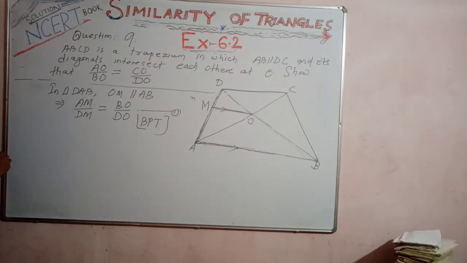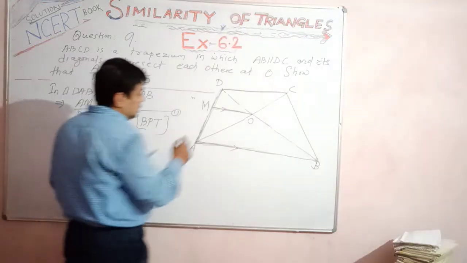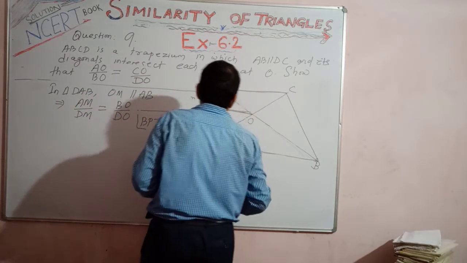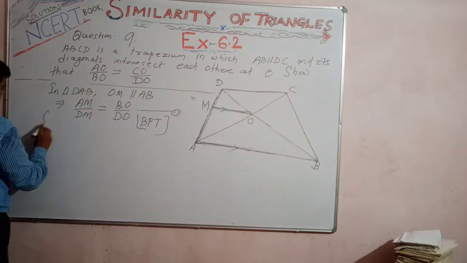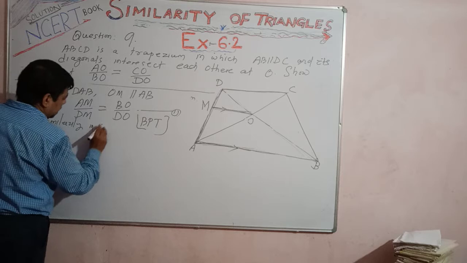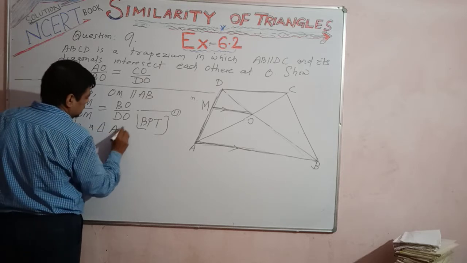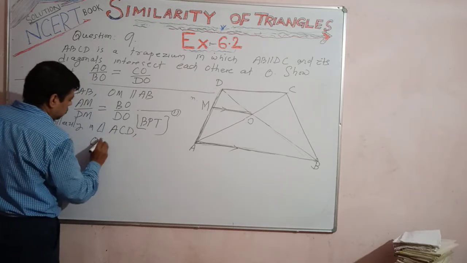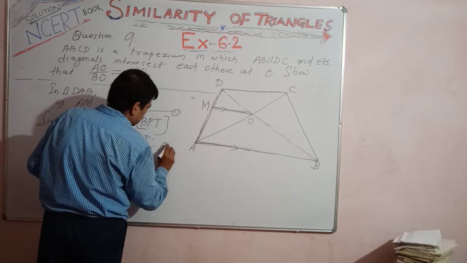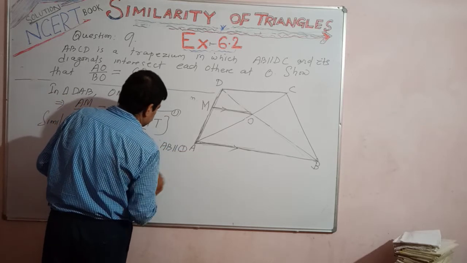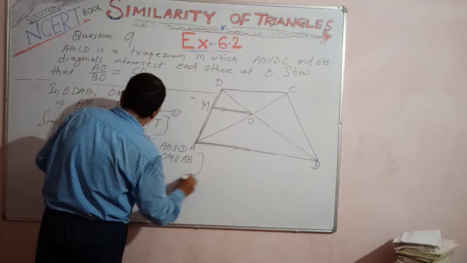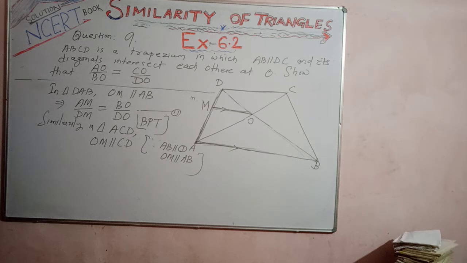Similarly, since OM is parallel to AB, OM is also parallel to CD, since ABCD is a trapezium.